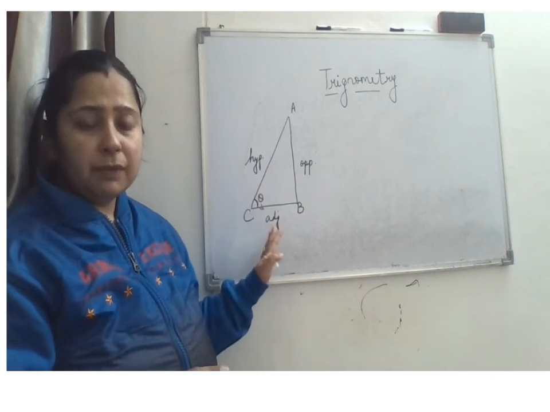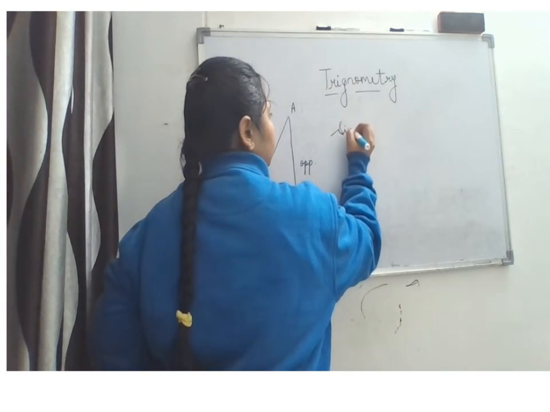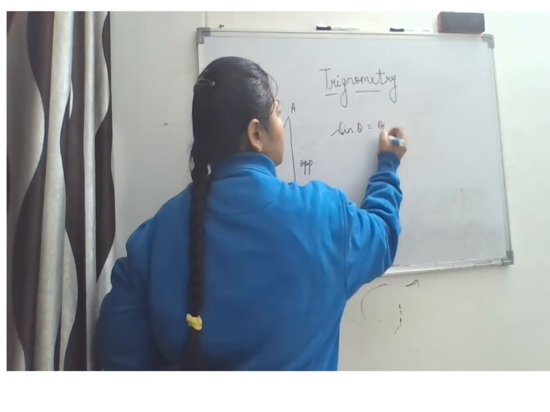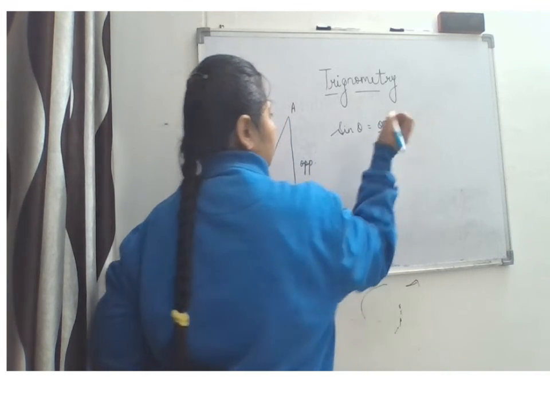Now, when we are going to find sine theta, sine is always the opposite side. Sine theta is the opposite side by your hypotenuse.